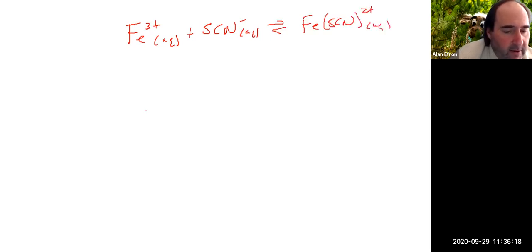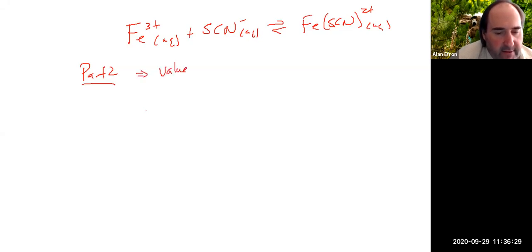And again, the goal of part 2 of the experiment is to actually find the value of the equilibrium constant. So really, one of the main goals here is to find the value of the equilibrium constant.